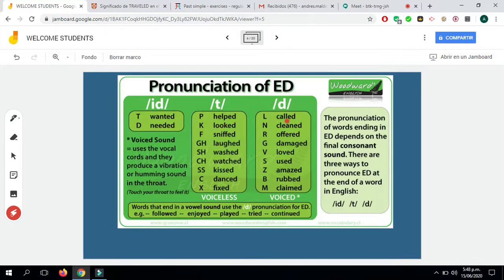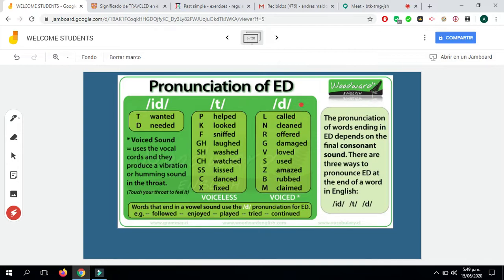And finally, the third pronunciation is when the word finishes in L, N, R, G, V, Z, B, M. The pronunciation is like the sound D at the end, como creando una D al final.